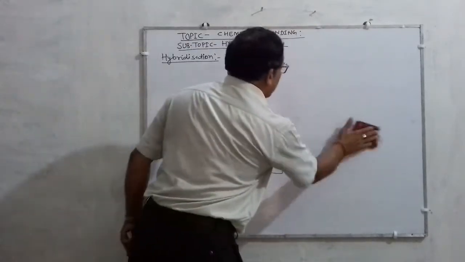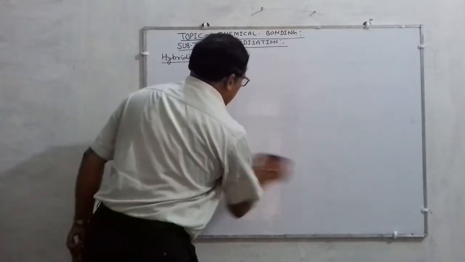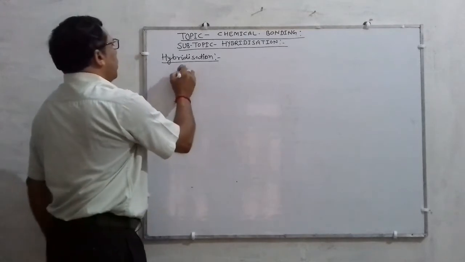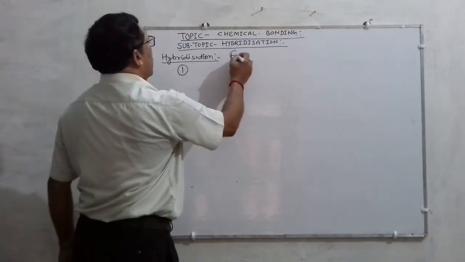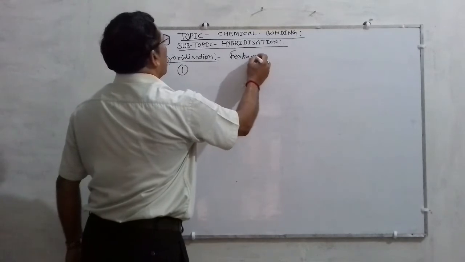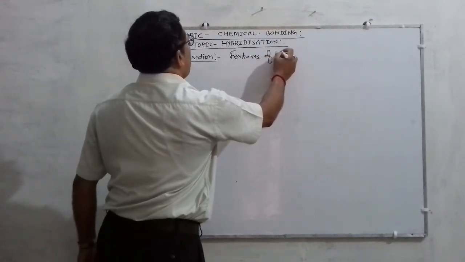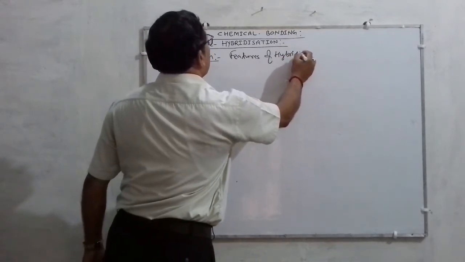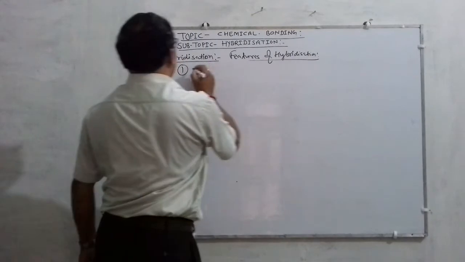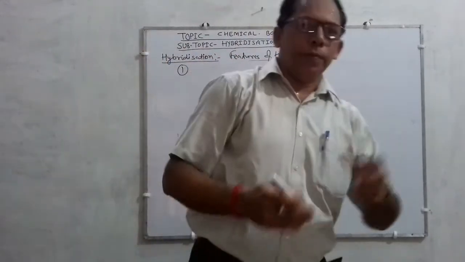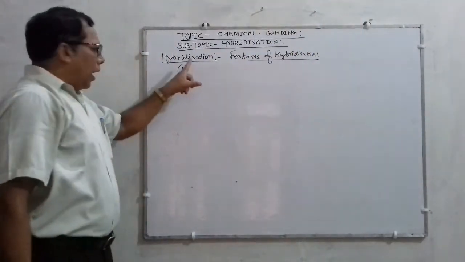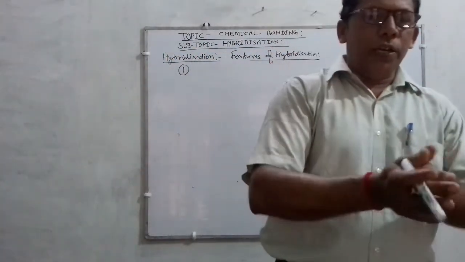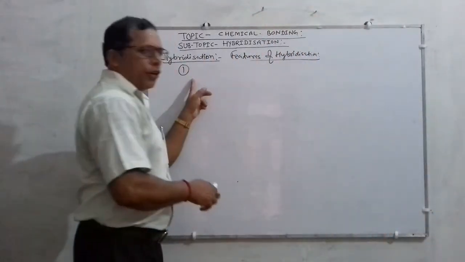So there are some features of hybridization. Listen and write sincerely. First feature: hybridization is the process in which there is intermixing of orbitals, not of electrons.